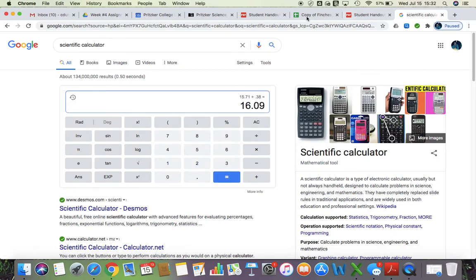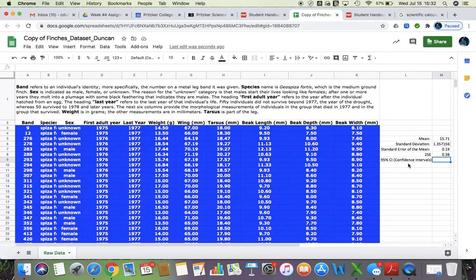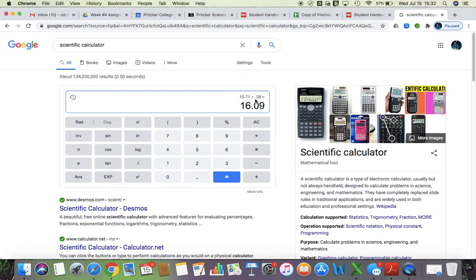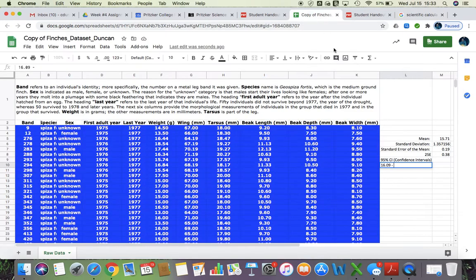So it's 16.09. I'll put it down here, 16.09 to, now I'm going to do the same thing except subtract. So this time I'm going to take my average, 15.71, minus 0.38 equals 15.33.